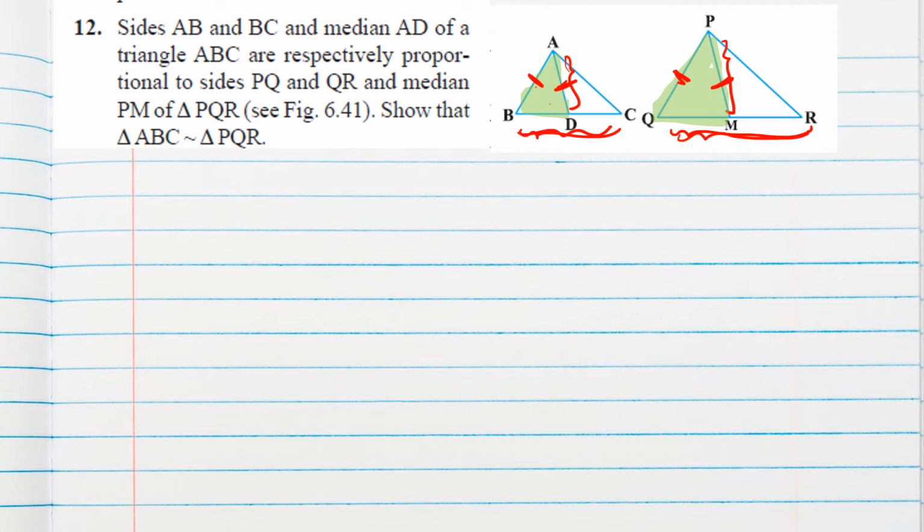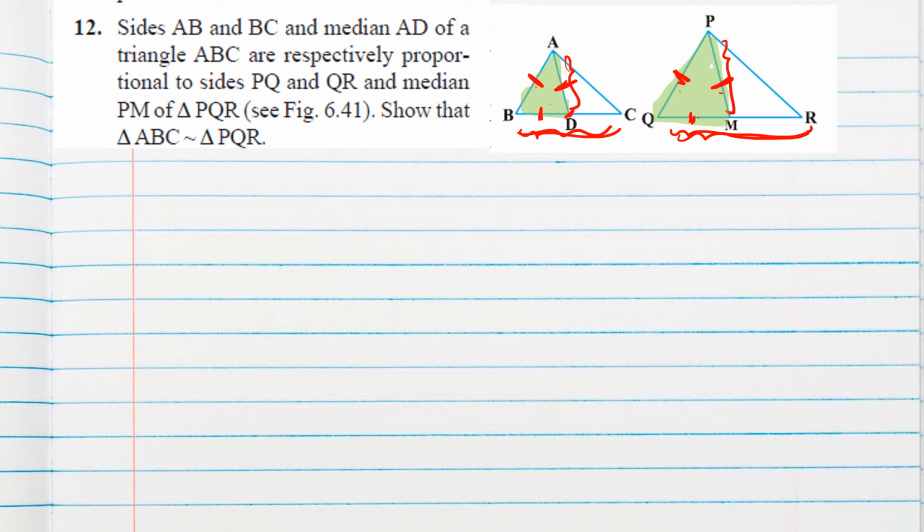If BC by QR is given, half of BC divided by half of QR we can write. But half of BC is BD because D is a midpoint, and half of QR is QM. So by SSS criteria we can prove the similarity of those two triangles.